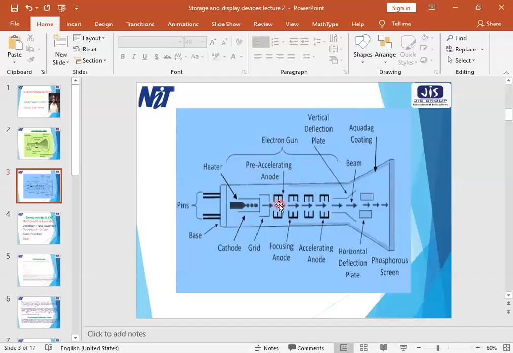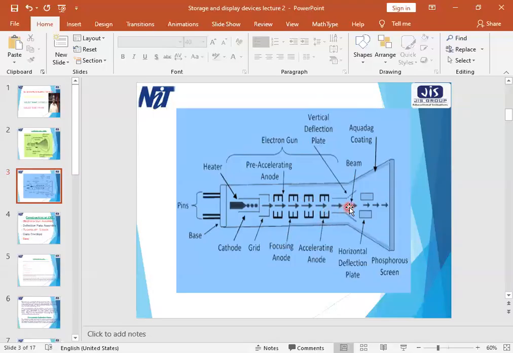Then the electrons trying to go to different sides of the glass tube are focused along the radial direction of the tube by the focusing anode. Then the accelerating anode accelerates the electrons whose paths have become curved in both directions.